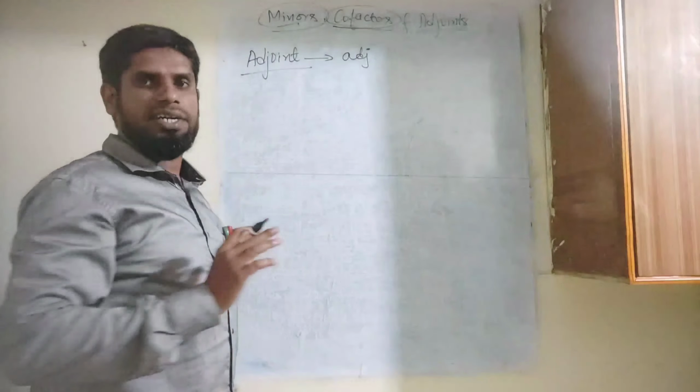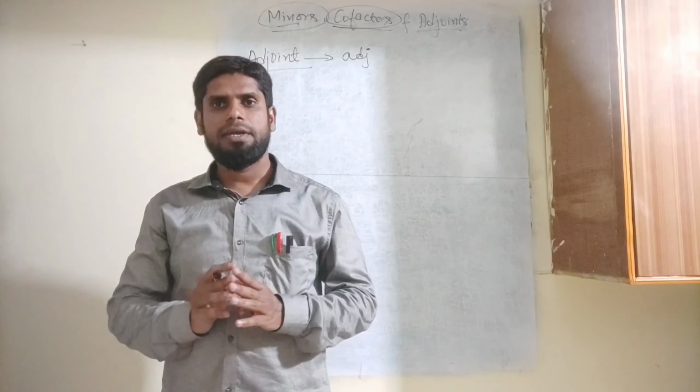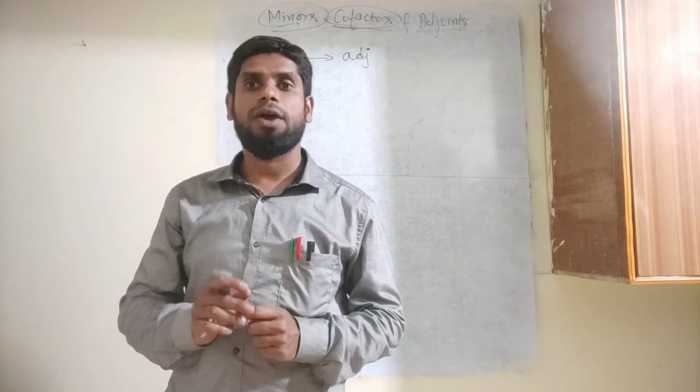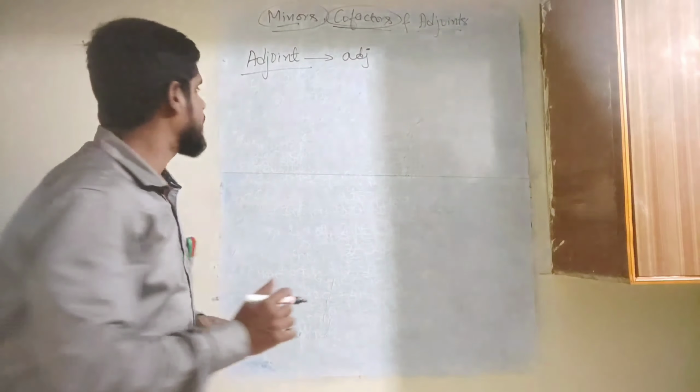So students, first, what is the definition of adjoint of matrix? Definition is very simple here. It is the transpose of a cofactor matrix. That is the simple definition of adjoint.